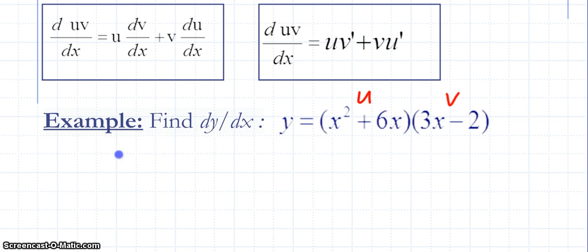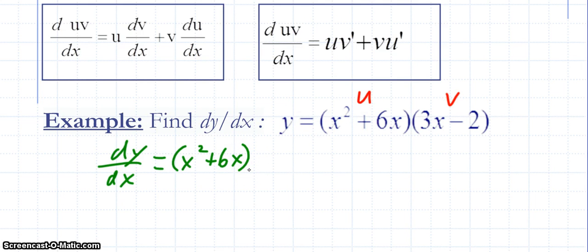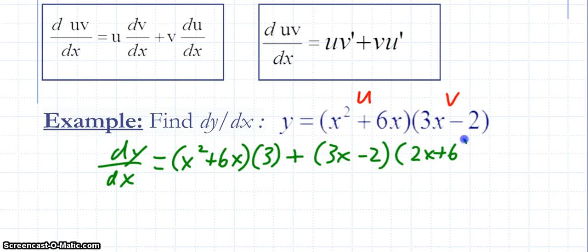So I know then that y prime would be u, so x squared plus 6x, times v prime, or dv dx, so times 3, plus v, so 3x minus 2, times the u prime, or du dx, which is 2x plus 6.